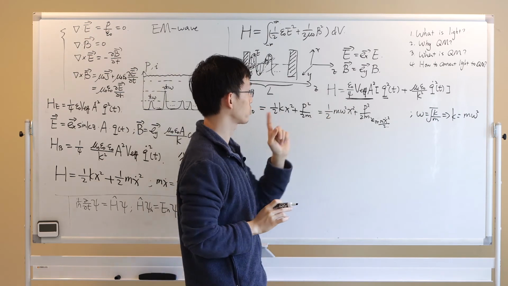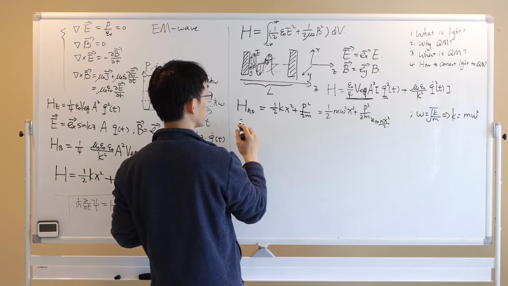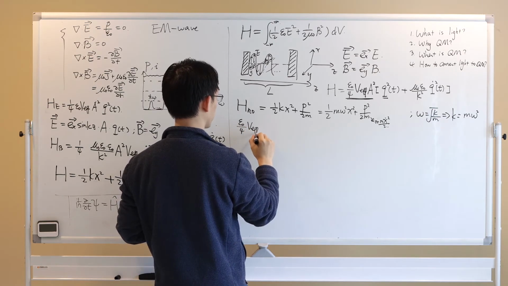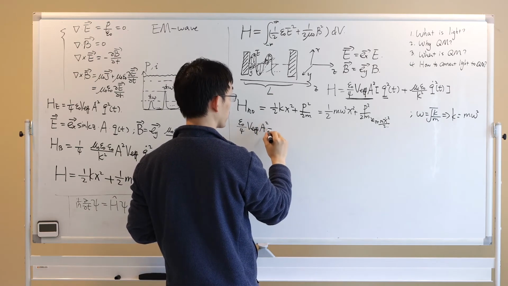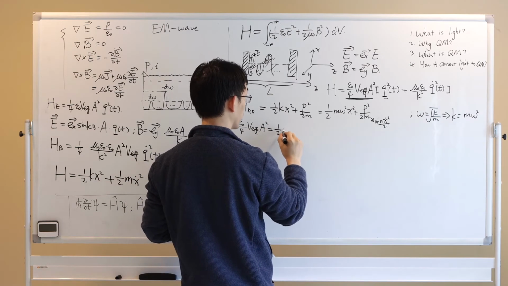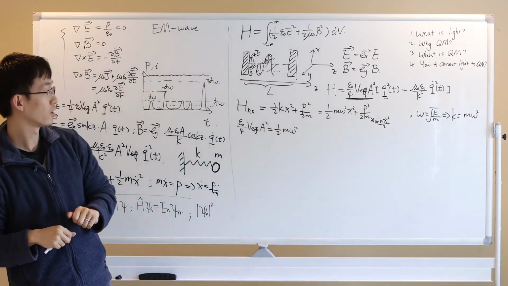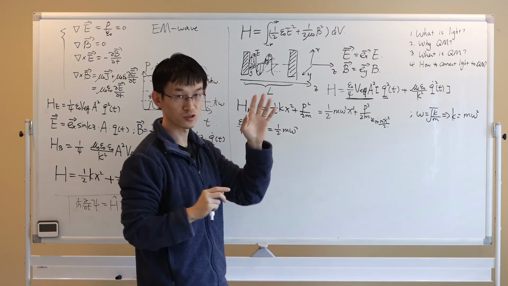So a natural thing to do is to define V effective A squared equals half m omega squared. And there are some obvious questions here.